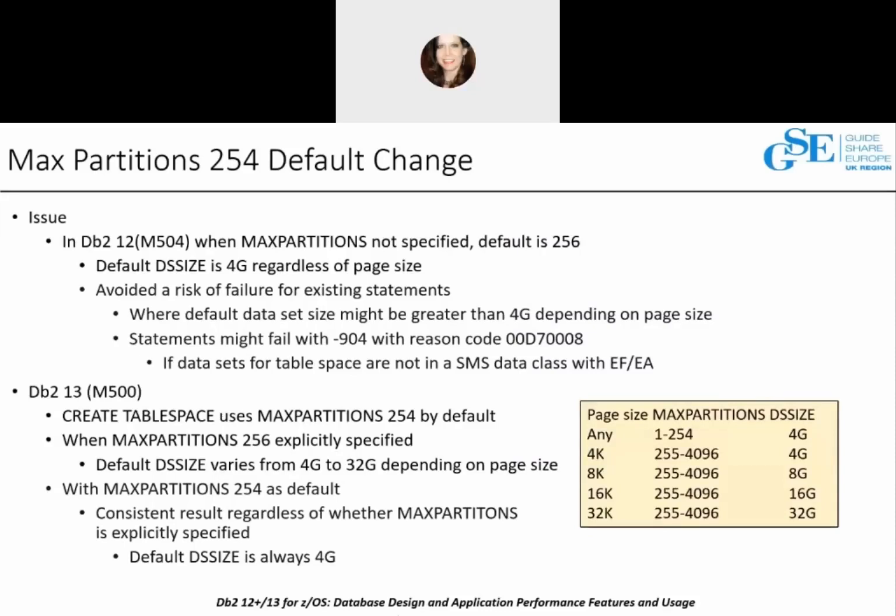That could result in an error if it went over 254 partitions. So with version 13, the max partitions has been changed to 254 by default, and regardless of the max partition specified, the default size for the DS size is always going to be 4 gig to eliminate that problem. So max partitions 254 by default, and your DS size is always going to be 4 gig.